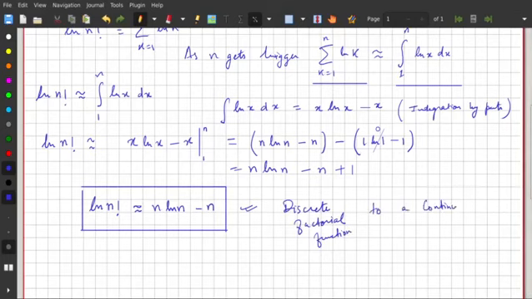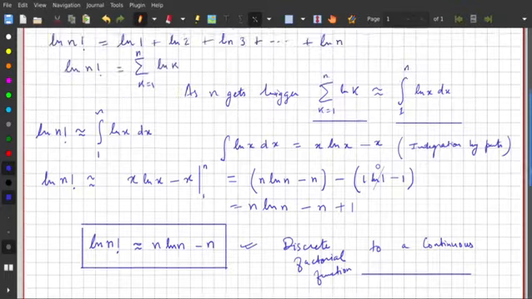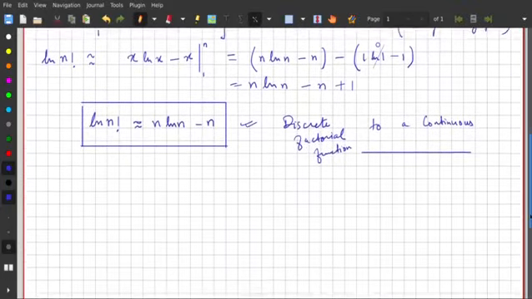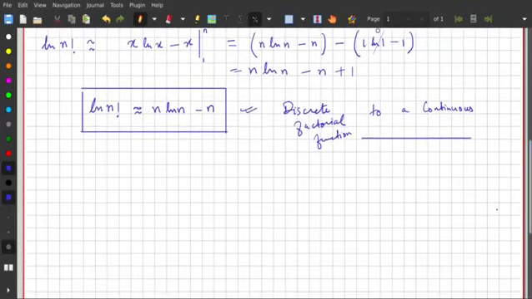And the moment we do that, we can use the rules of calculus. That makes the job a lot easier, because it's always easier to handle smooth functions rather than discrete functions. Okay, so that's all about Stirling's approximation. It's used quite a bit in statistical mechanics.